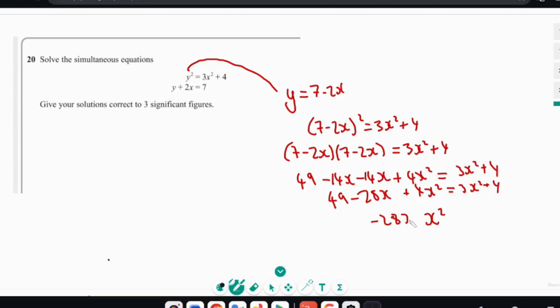And I'm also going to take 4 off both sides, which will give us 45 here. I'm going to just change the order up here. x squared minus 28x plus 45 equals 0. It's asking for solutions to 3 significant figures, which suggests that it is the quadratic formula. I will need to solve this.